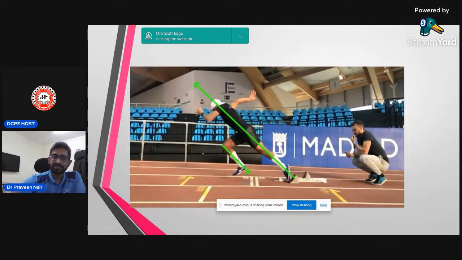Then this is an image which is taken from the web. We also do it the same way, in which we can look at the alignment of a sprinter. So this also can be done by the Kinovea software, placing the camera at an appropriate position.